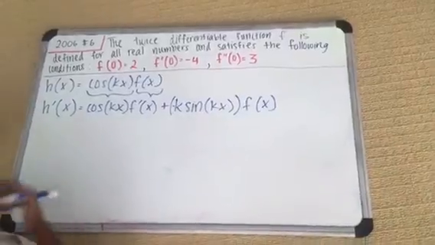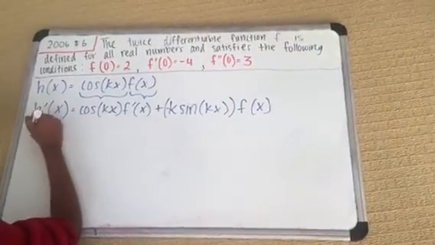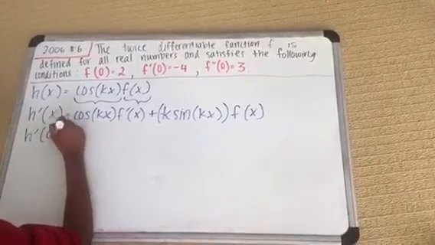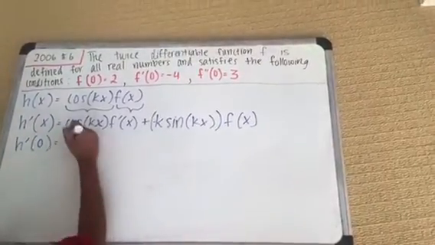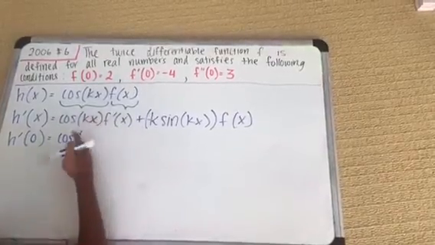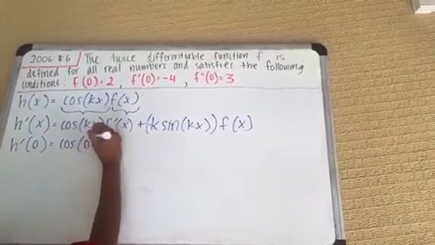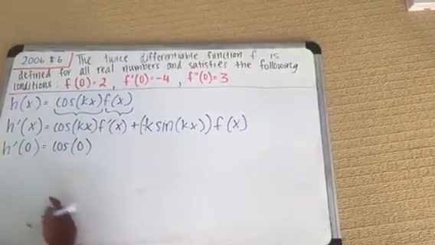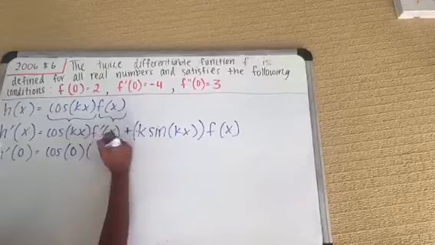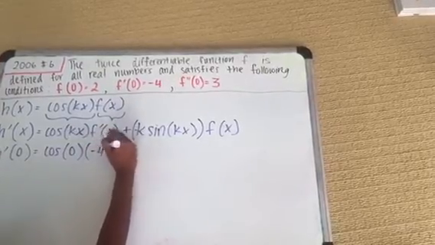And now we can plug in the 0 to find the specific derivative. h prime of 0 equals cosine of k times 0, which would be 0, so cosine of 0. And then we multiply that with f prime of 0, which we can see from the given is negative 4.